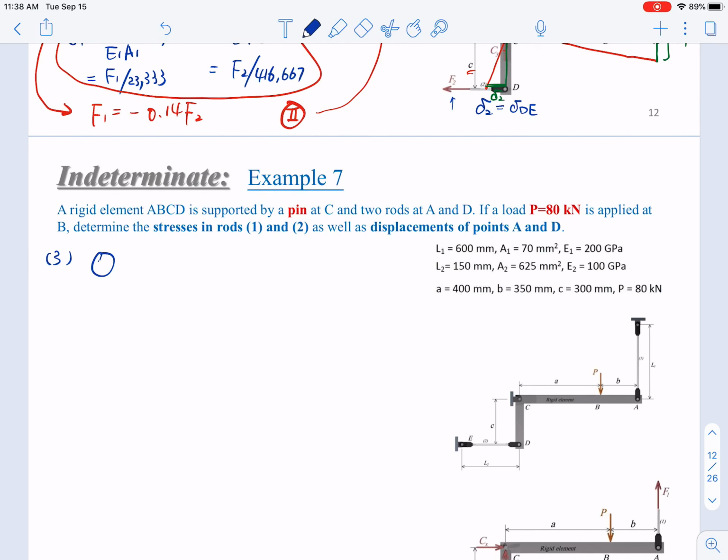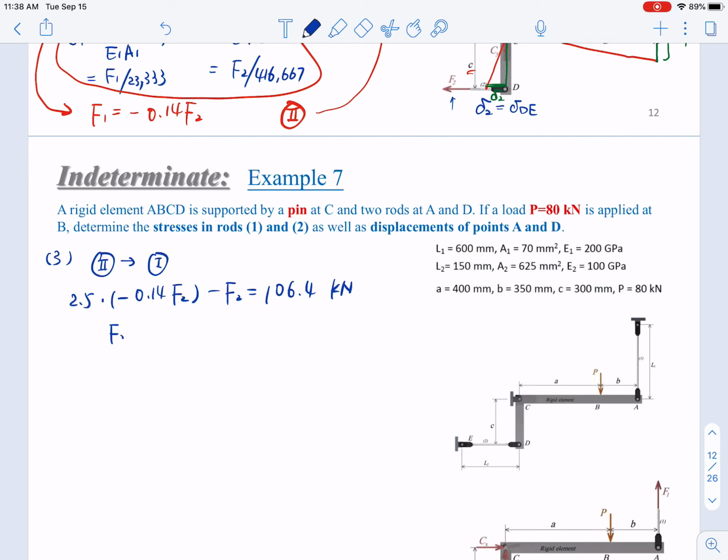We substitute equation 2 into equation 1. Then we can derive that 2.5 times negative 0.14 F2 minus F2 equals 106.4 kilonewton. Right.